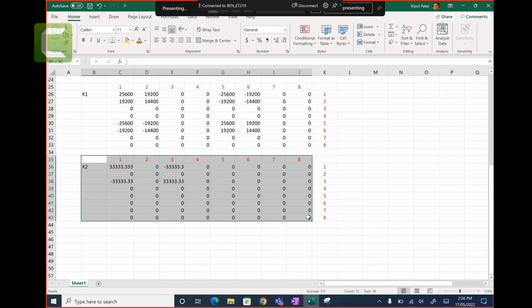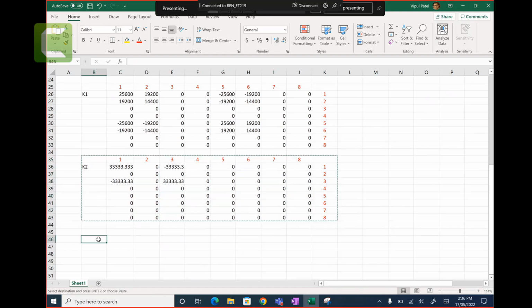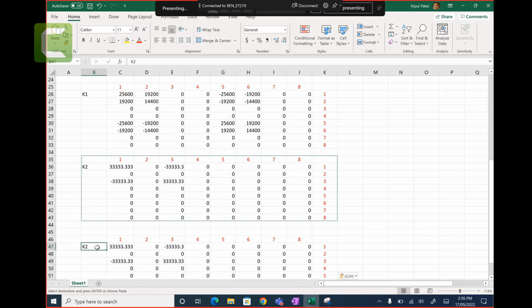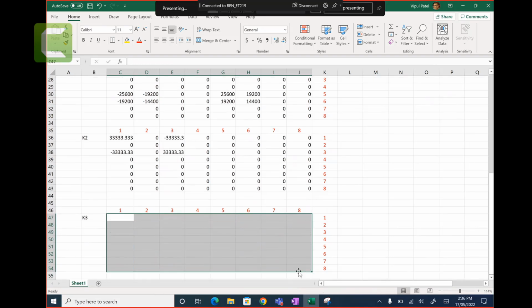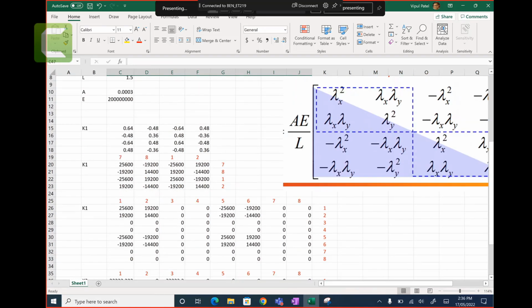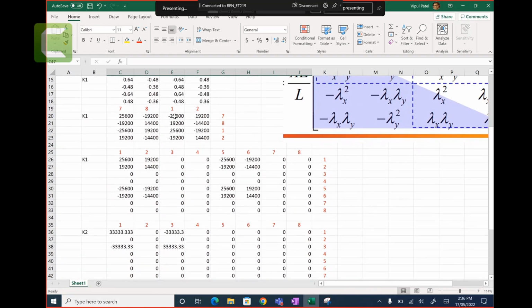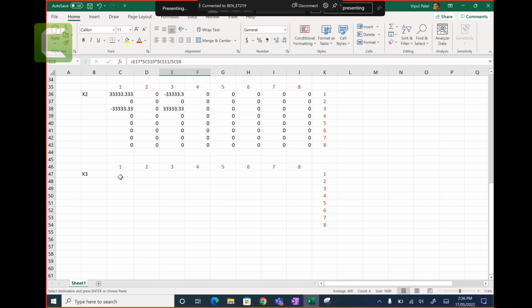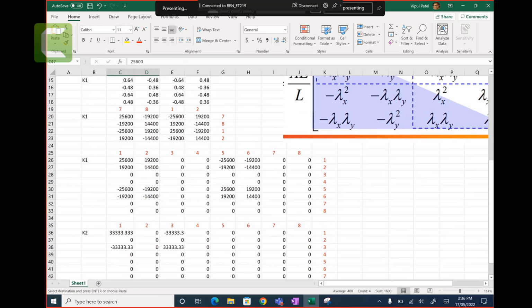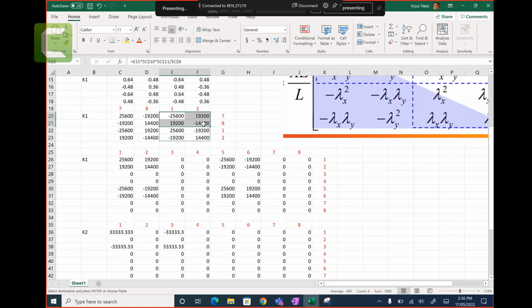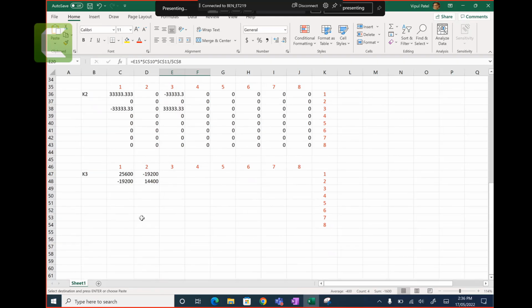Let's copy all this. Control C, Control V. K3. Let's remove all these numbers. Here you go: 1 2 1 2 blocks. Then you have 1 2 7 8, 1 2 7 8.